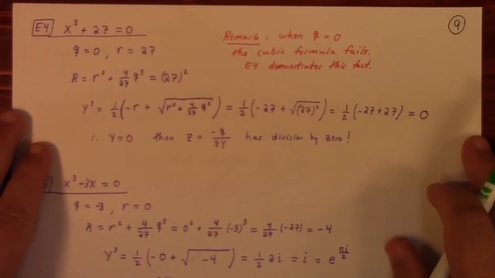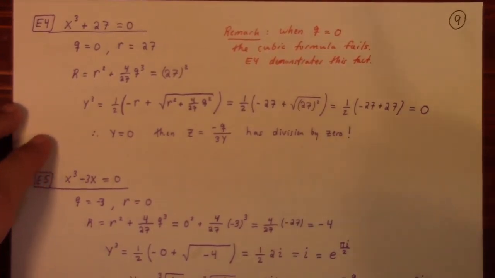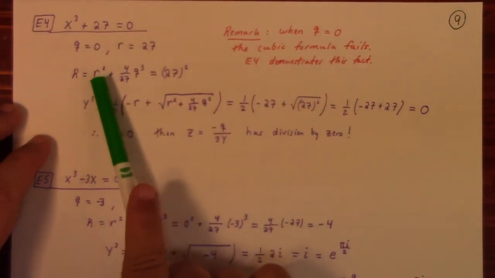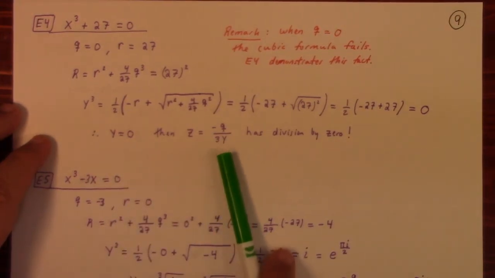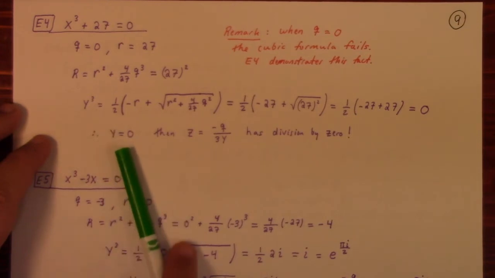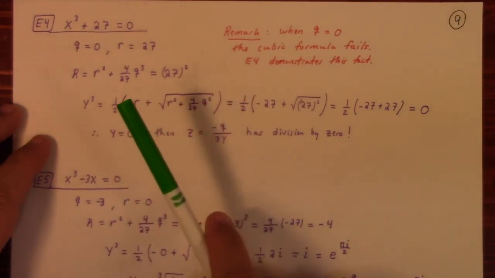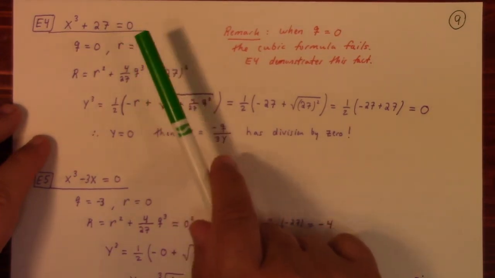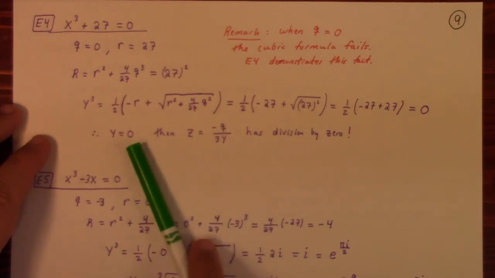Another couple of examples. There are special cases which are not covered by the cubic formula. For example, this is a very simple cubic, x cubed plus 27 equals 0, and this is the case where, if we look at the formula for z, we get division by 0 because y is 0. So that's not going to work. If we were doing this whole lecture more carefully, there would need to be a cubic formula for this case separate from the case where y is not 0.